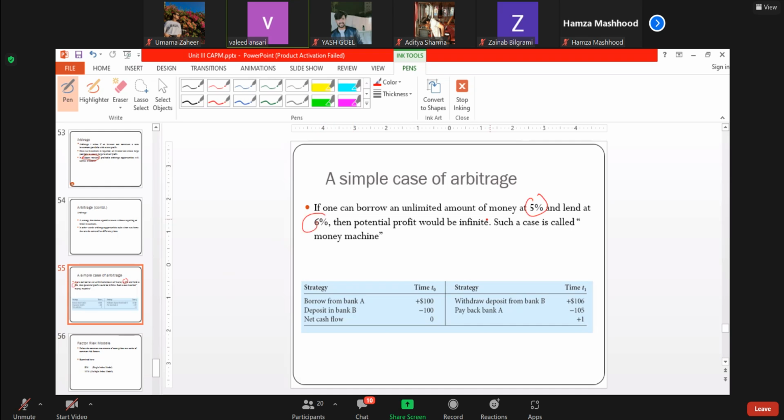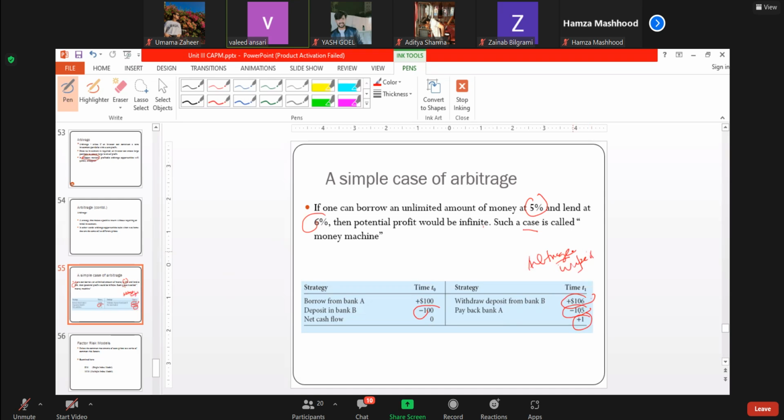If somebody borrows from bank A and deposits in bank B at a rate of interest of 6%, then they will pay back 5% to the other and make a profit of 1%. It is arbitrage profit. If there is an opportunity like this, it will be wiped out quickly.